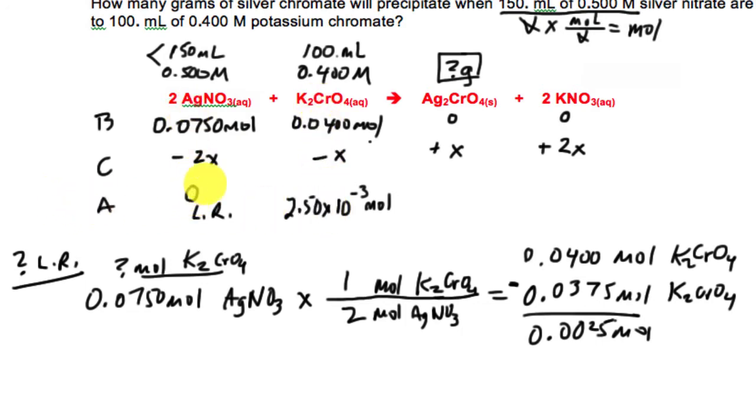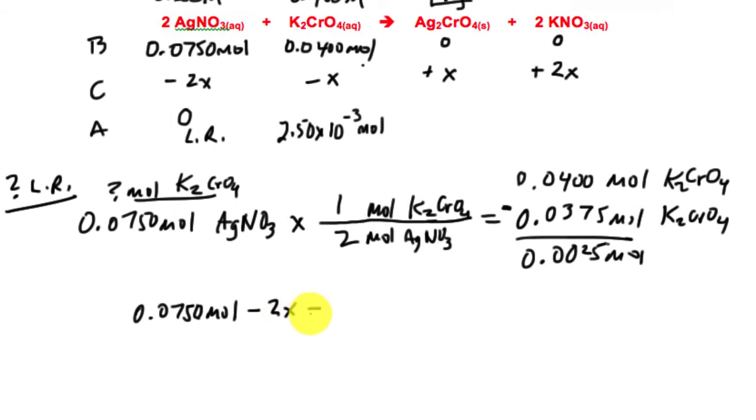That is, all of this goes to zero. Now over here, I can figure out how much of the silver chromate I have, which I believe I did in the last problem. I'm going to quickly calculate that. Another way to solve these, if you're using the table, is that this 0.0750 moles minus 2x has to be equal to 0. So therefore 0.0750 moles is equal to 2x.